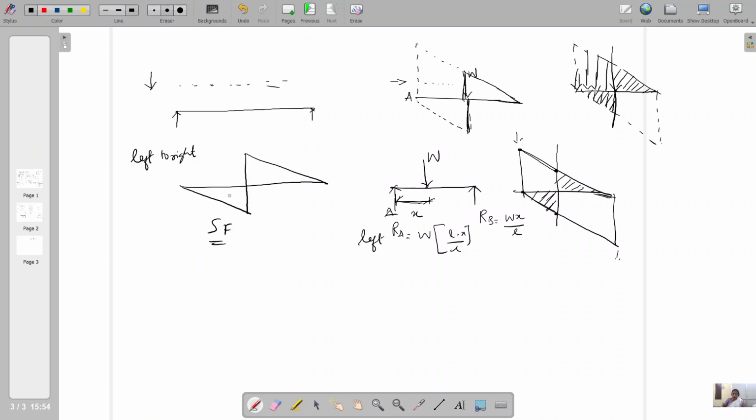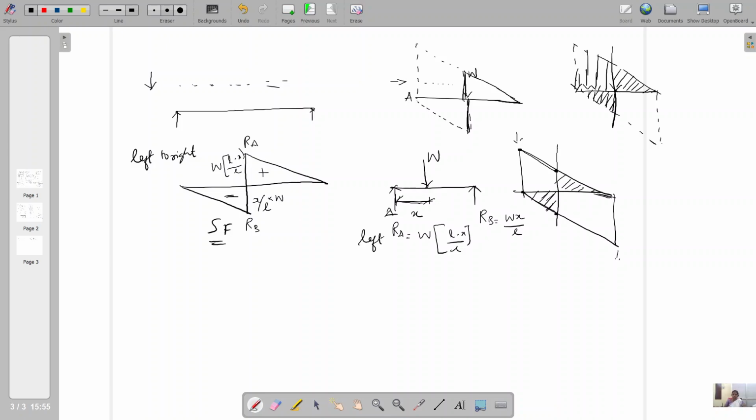So we can mention here, this is the negative diagram and this is the positive diagram, because the positive shear will be reduced and the negative shear will be increased. So the negative shear ordinate is x by L into W. The positive shear ordinate is W into (L minus x) by L, because this is the RA value. Here it is the RB value.